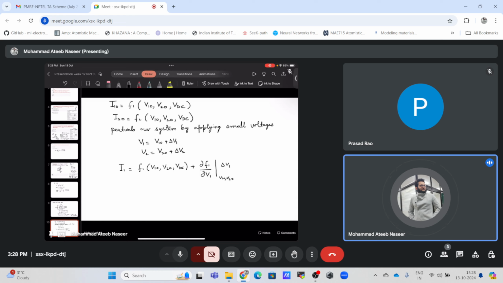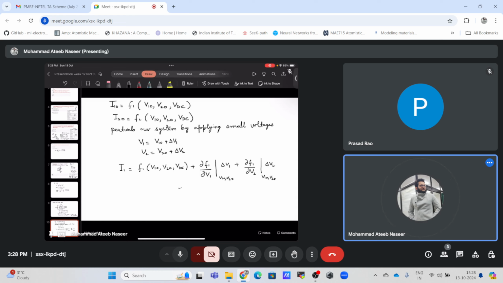What I am doing is simply using the Taylor series expansion. And df1 by dv2 times delta V2. So it is the change of function 1 with respect to v1 and the change of function 1 with respect to v2, with the initial conditions set to v1 of 0 and v2 of 0.